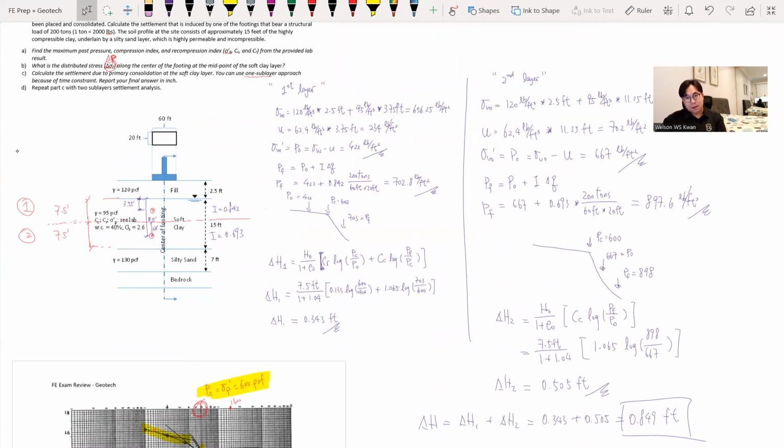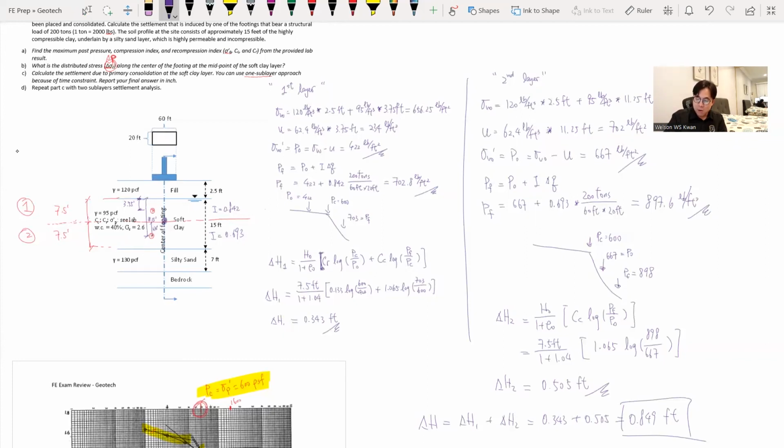So which one is more accurate? You can think of what we're actually doing here, right? We try to break down or use two different numbers. One is from the first sublayer, the other is from the second sublayer. And the number I'm talking about is the distributed stress. So instead of using one constant average distributed stress in part C, the middle of the layer, this right here to represent the whole layer, now we break it down into two sublayers.